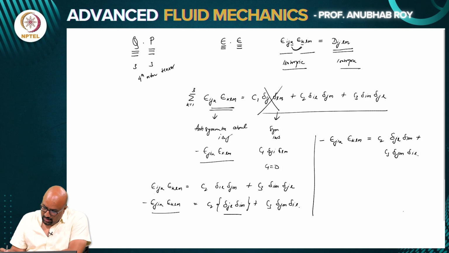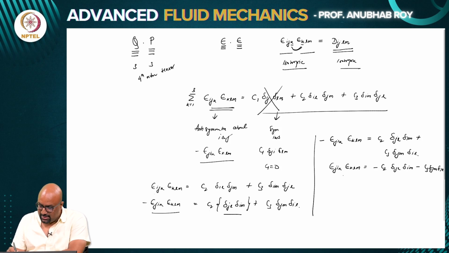So, now if I take the negative sign to the other side, I have minus C2 delta jl delta im minus C3 delta jm delta il.